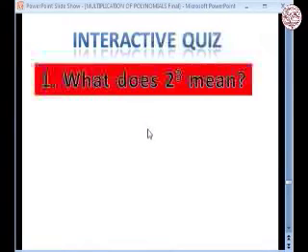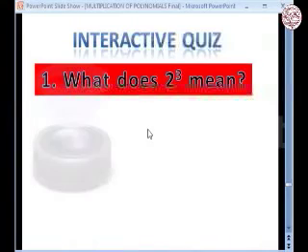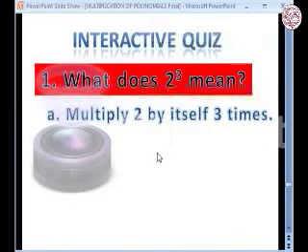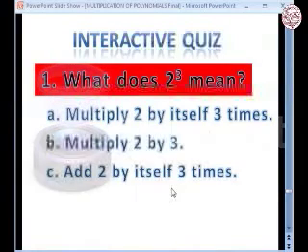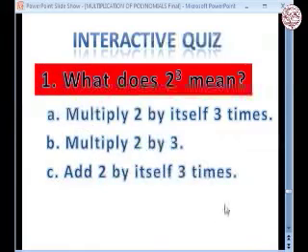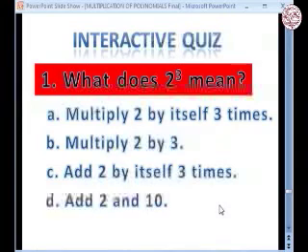What does 2 raised to 3 mean? A. Multiply 2 by itself 3 times. B. Multiply 2 by 3. C. Add 2 by itself 3 times. And D. Add 2 and 3.